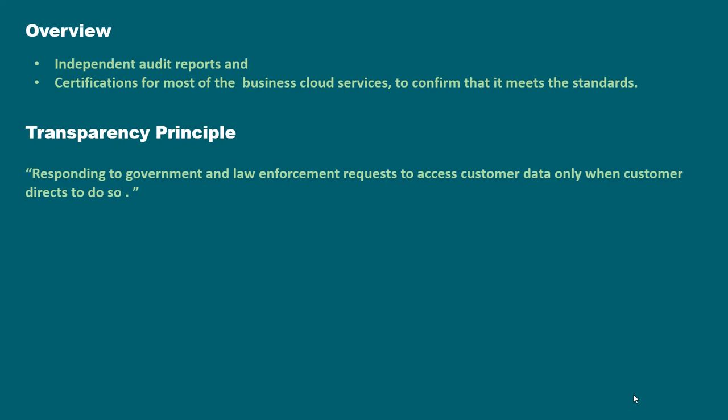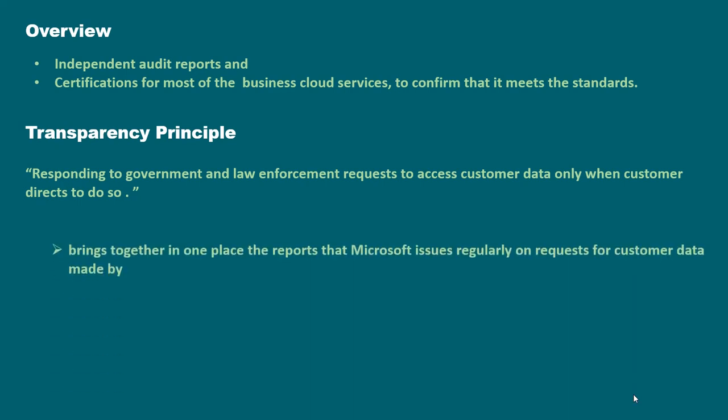Microsoft offers a law enforcement requests report site, which brings together in one place the reports that Microsoft issues regularly on requests for customer data made by law enforcement, as well as government requests related to US national security.